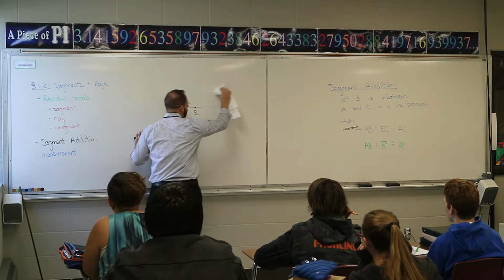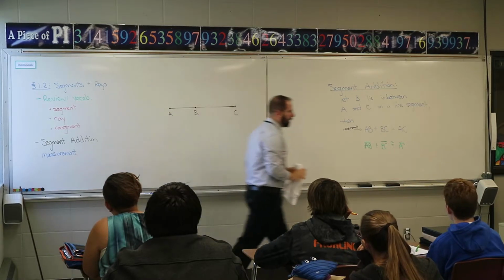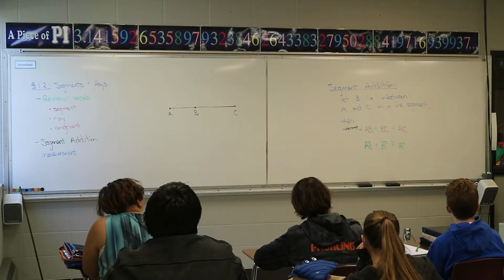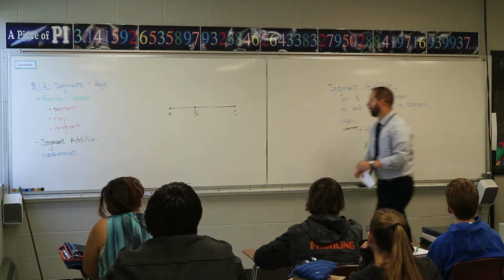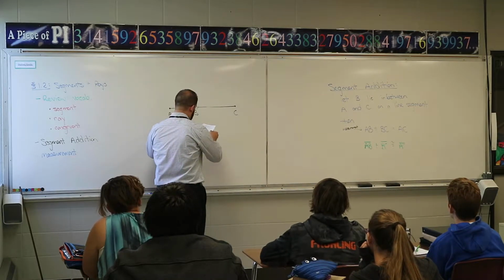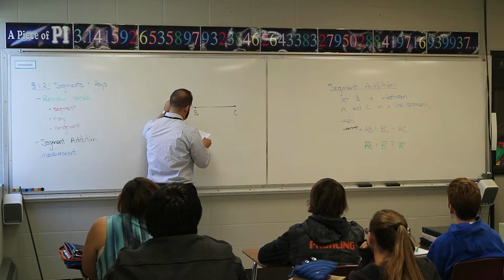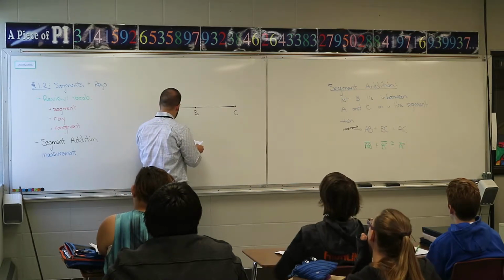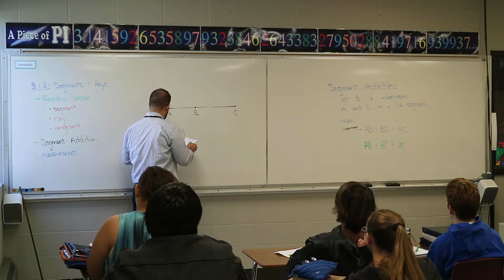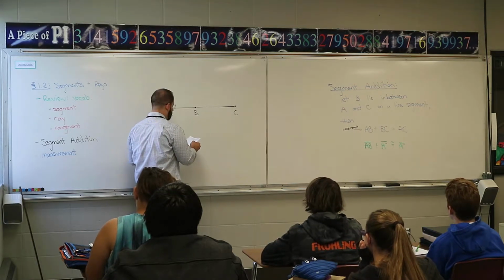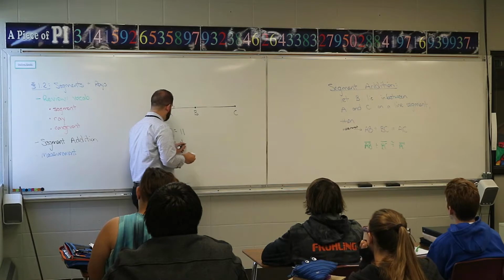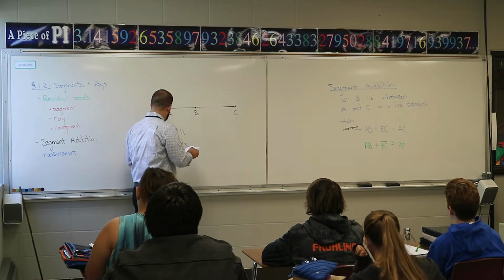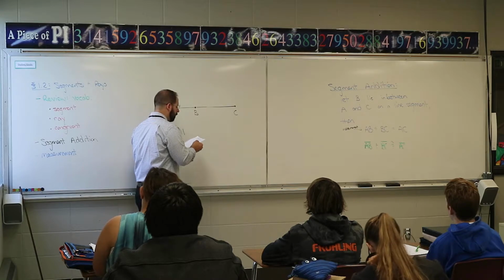I'm going to pull a problem right out of your book. Here's the first one. This is just a little more difficult than that 4 and the 7 idea. AB is 11. BC is 4x. And AC is 83.